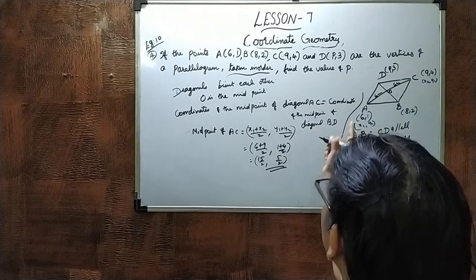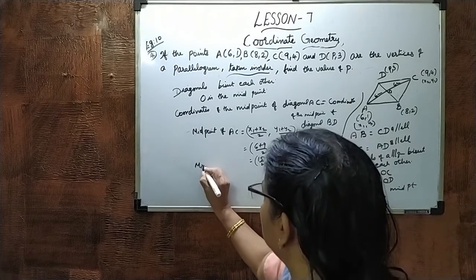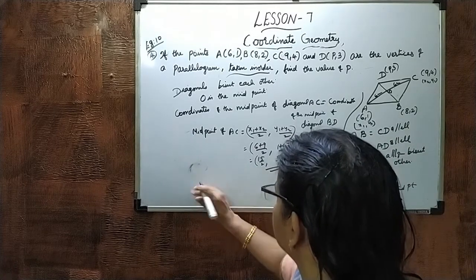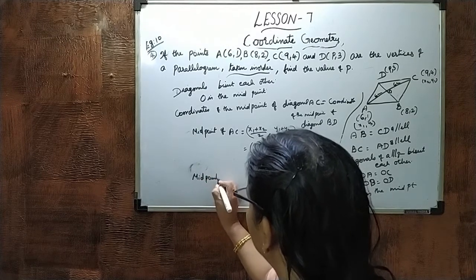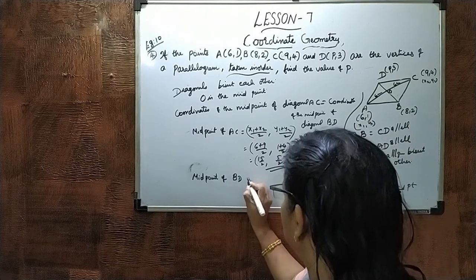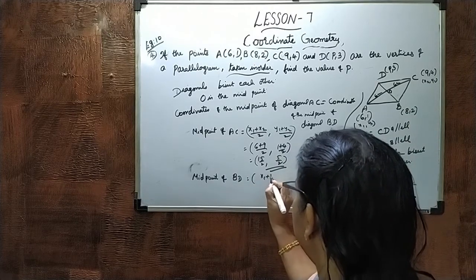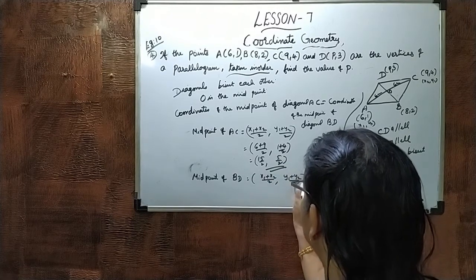Next one, coordinates or midpoint of diagonal BD. Midpoint of diagonal BD equals same thing, x1 plus x2 by 2 comma y1 plus y2 by 2.